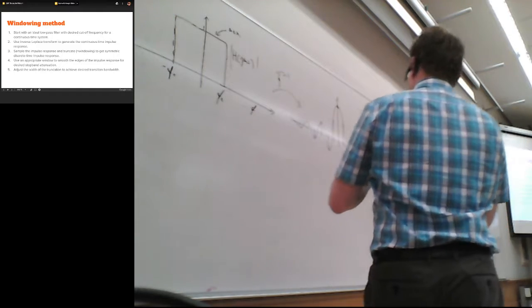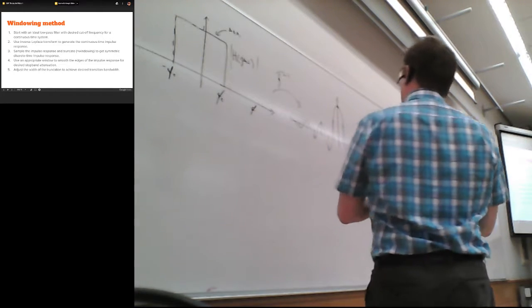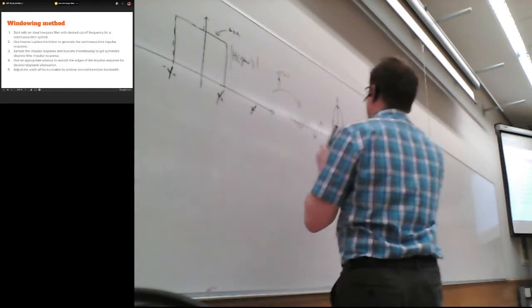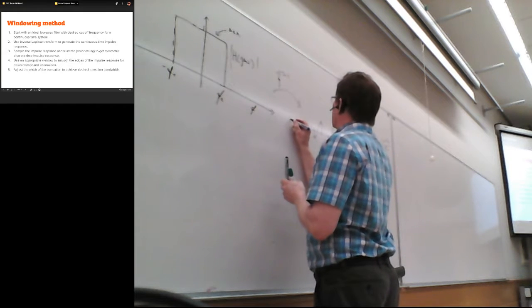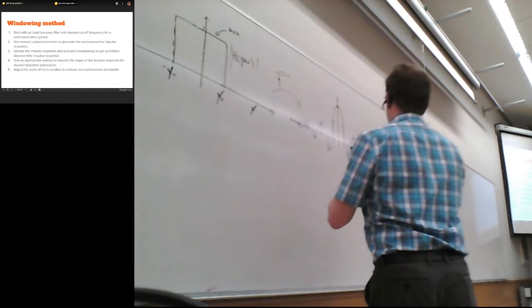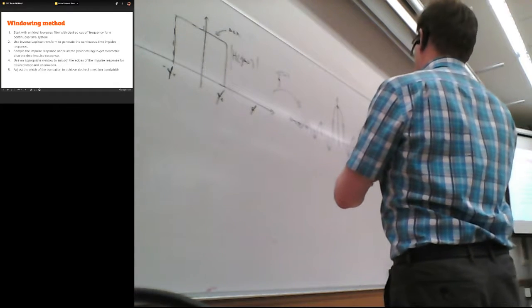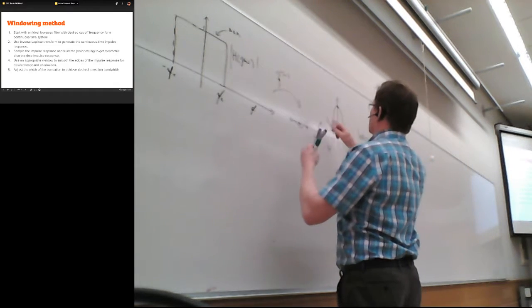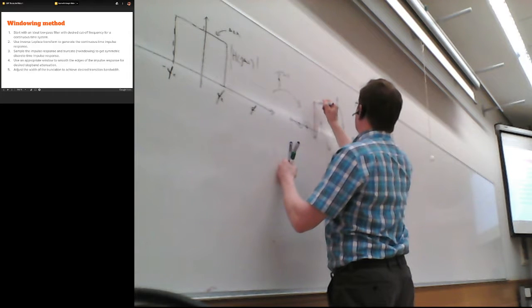So basically you need to cut it somehow, and mathematically this cut means that you will multiply the impulse response with a box.